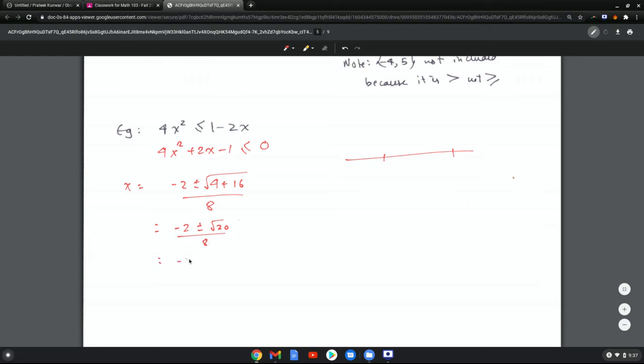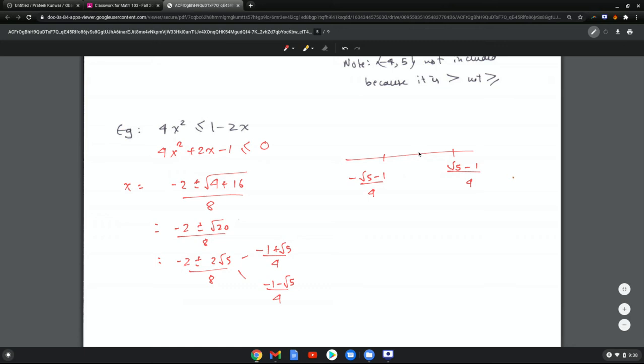That's not going to be neat. 2 root 5 over 8. So what I have is negative 1 plus root 5 over 4 and negative 1 minus root 5 over 4. So this is a positive number right here, and this is a negative number right here.